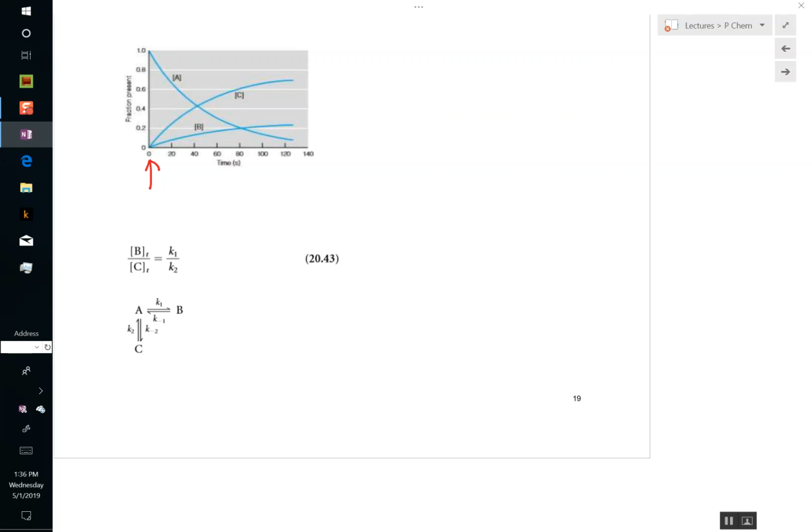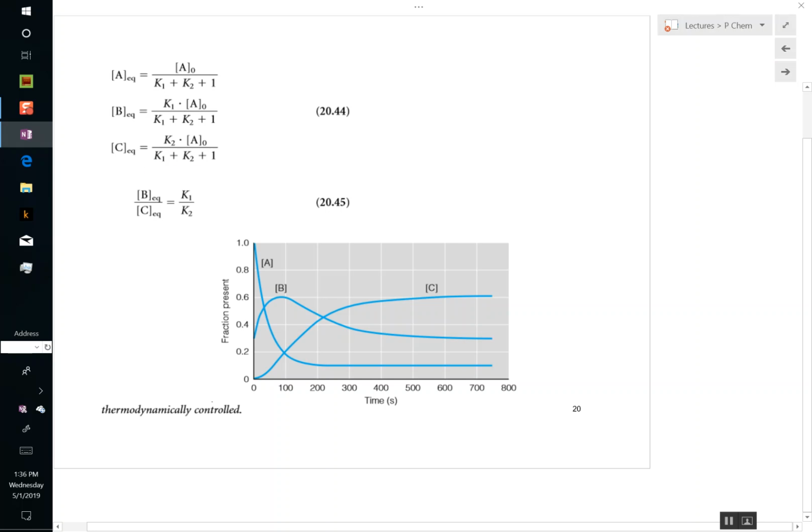Let's see. In this particular graph, the rate of formation of... well, let's just compare it to one other graph here. Here's one where, again, we start out with A, no B, and no C initially.